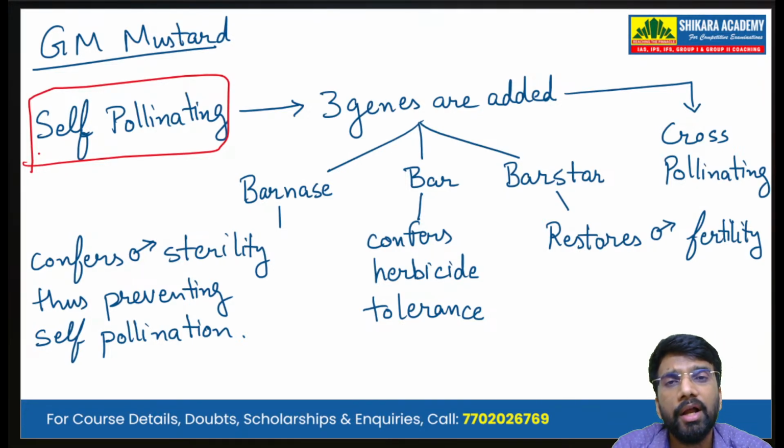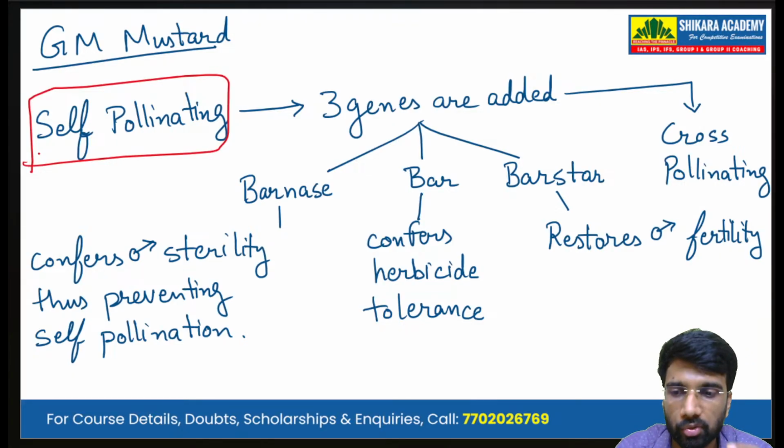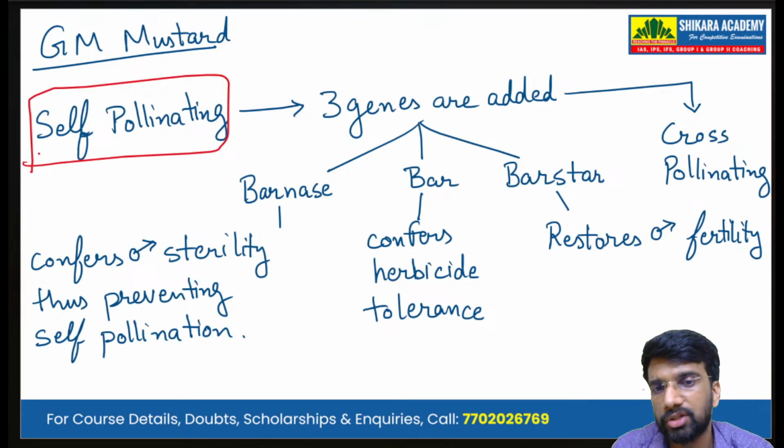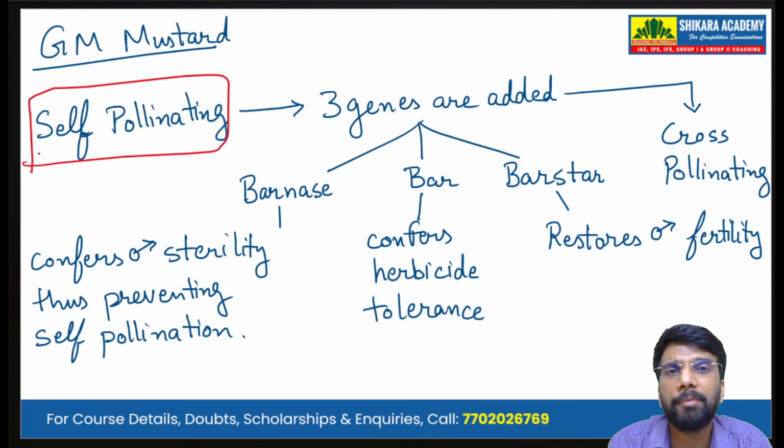And when a plant is self-pollinating, it becomes really difficult to make hybrids. A hybrid is made by crossing two different varieties of a plant, and this process is called hybridization. So, if the plant is self-pollinating, then fertilization takes place within that particular flower, and it becomes really difficult for us to make hybrids out of this.